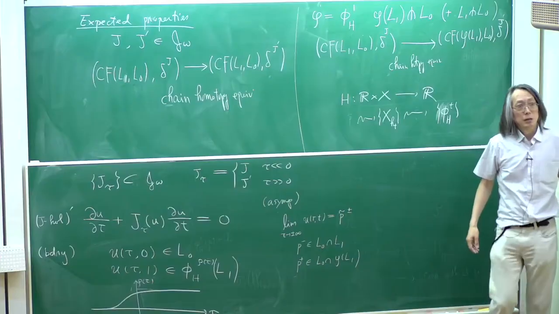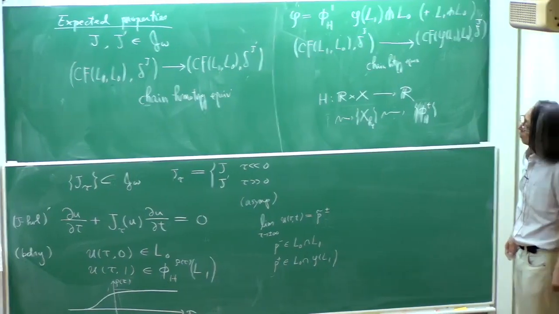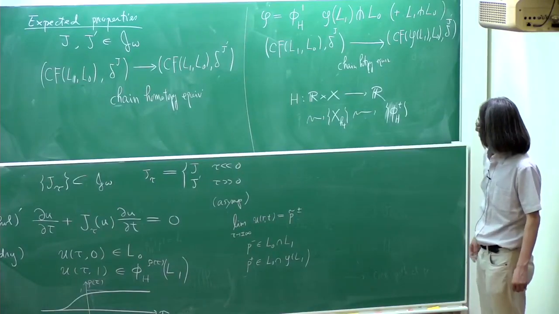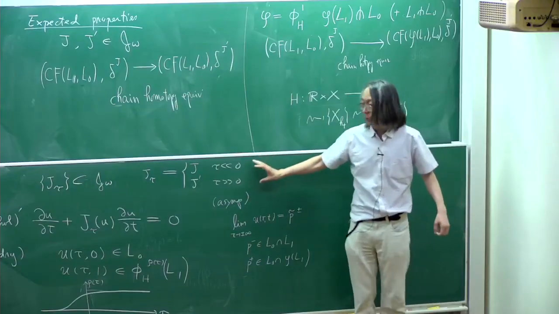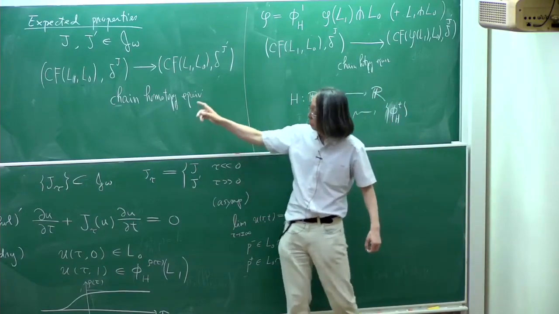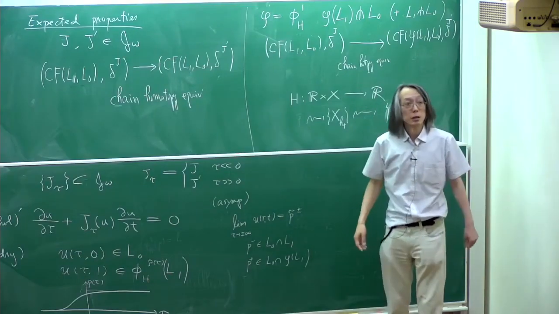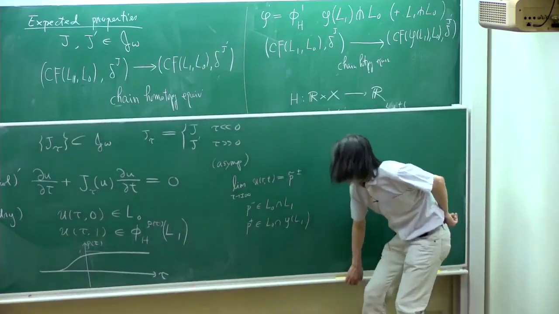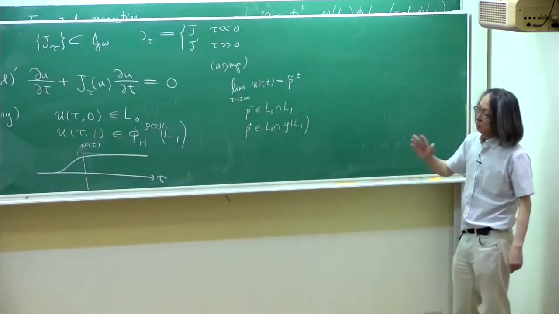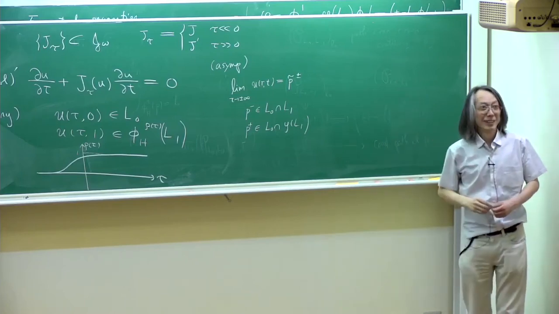You could have brought J to J tau as a Hamiltonian? No. Actually, in this case I don't really consider such things. I just consider two distinct J and J prime, or two arbitrary J and J prime. But what you said will appear next.